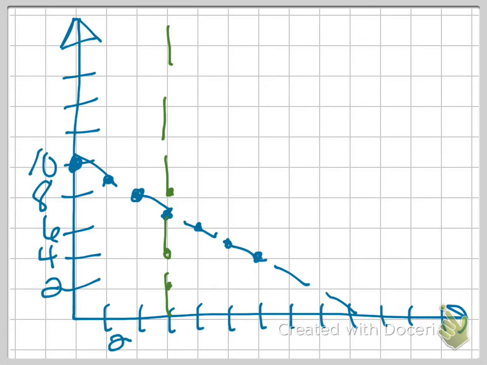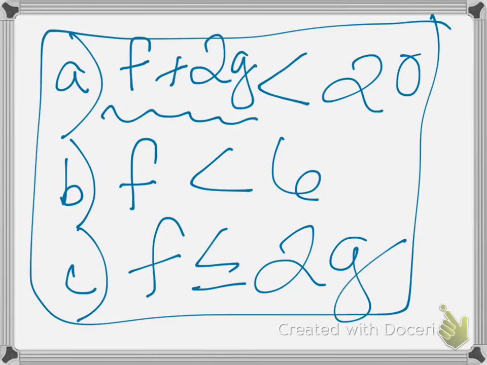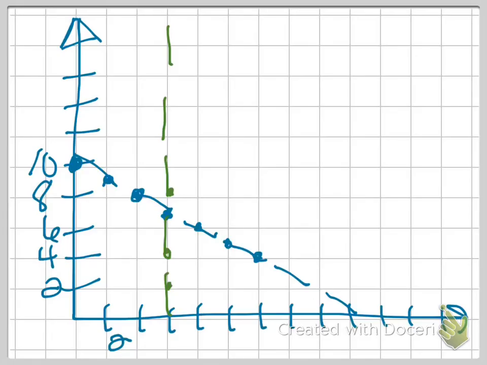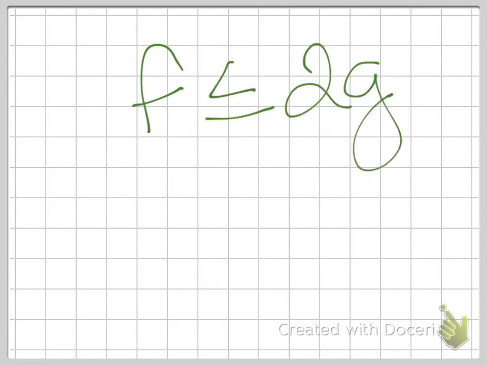All right, the last equation, we have F is less than or equal to 2G. We're going to have to rearrange that one as well. Now this is written a tad bit backwards, so I'm going to flip it around because I want the Y or the G on the left.